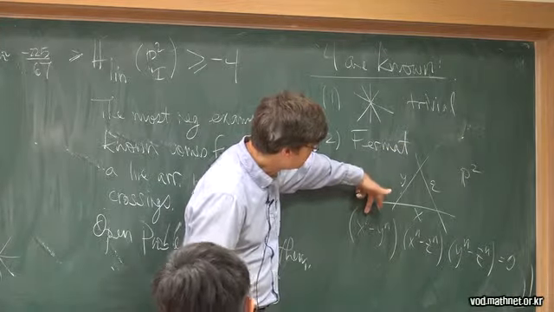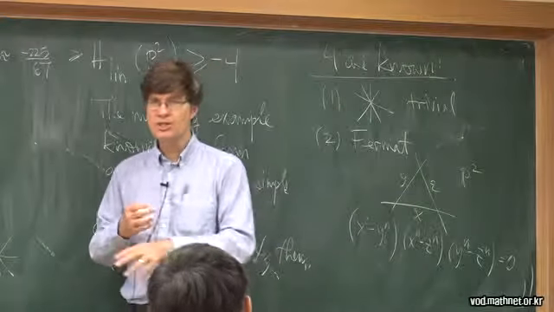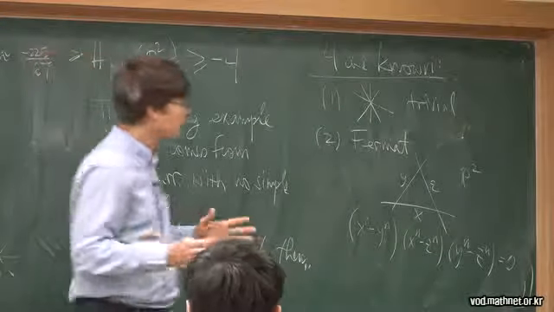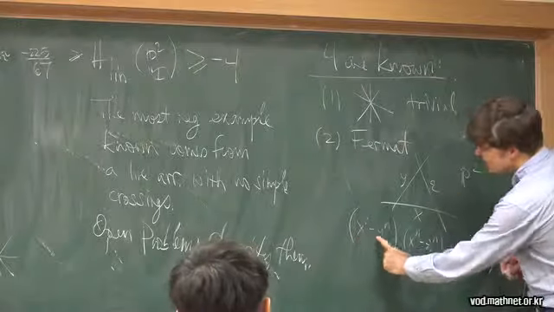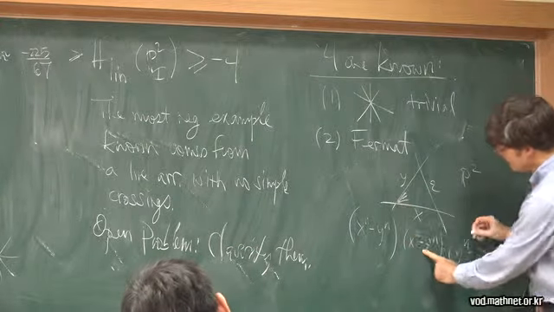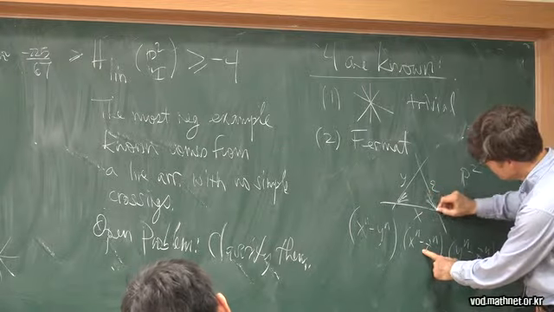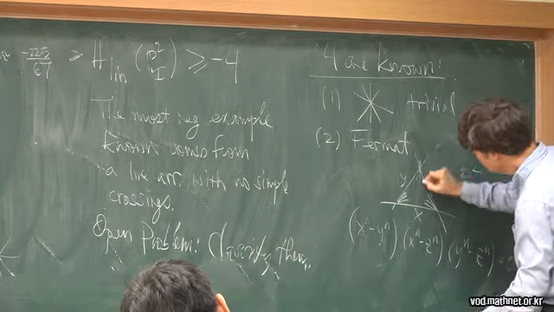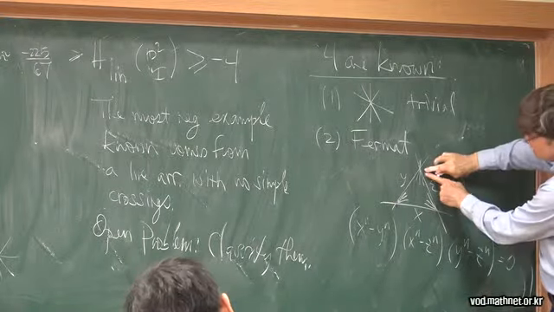Each factor is in 2 variables, so it factors into a product of lines. And what the lines look like is, these lines are a bunch of lines coming from this point. These lines are a bunch of lines coming from this point. And these are a bunch of lines coming from that point.